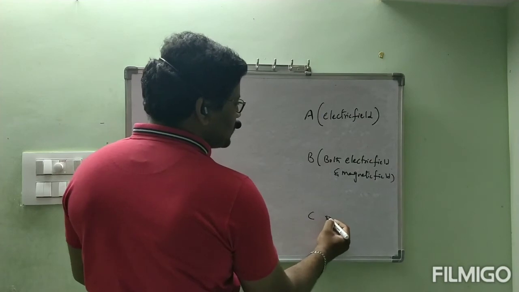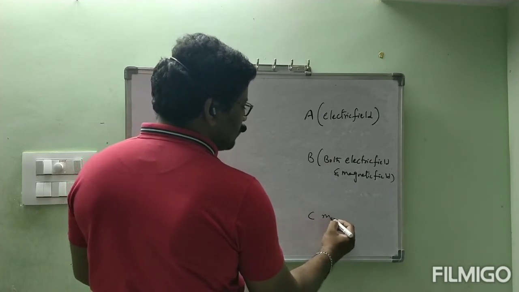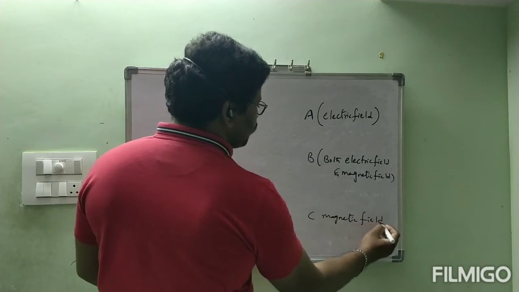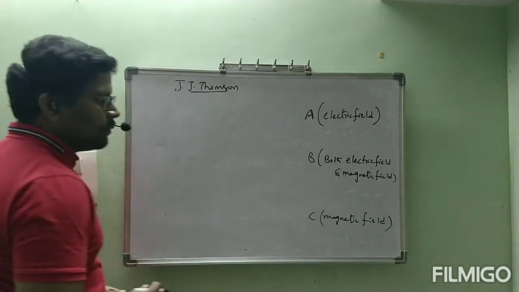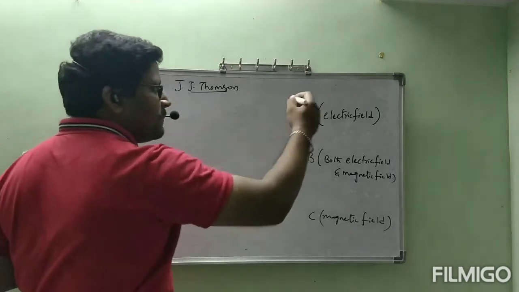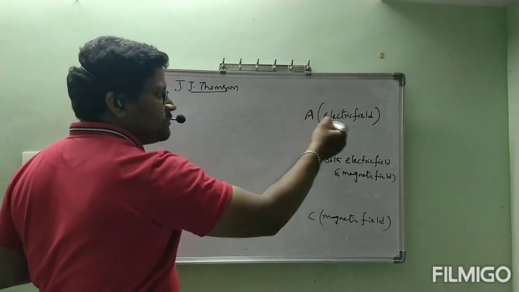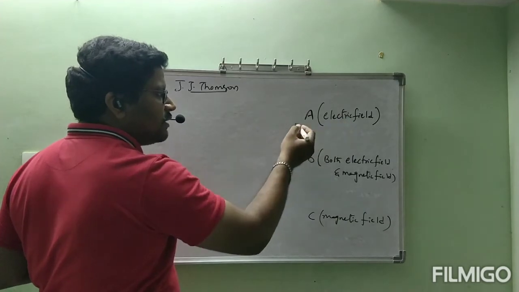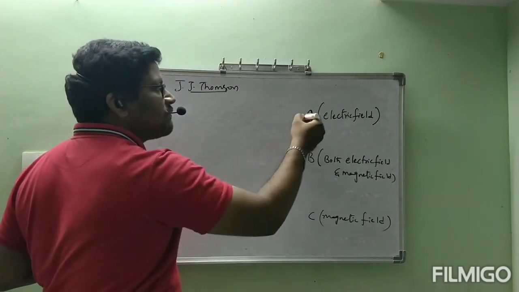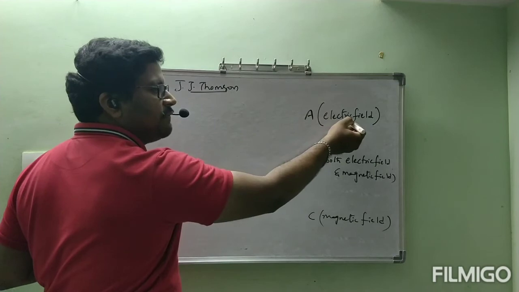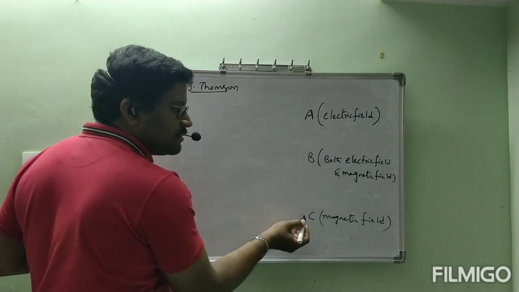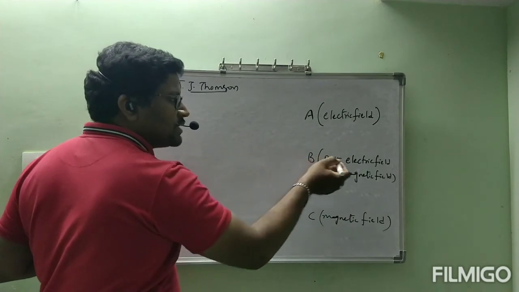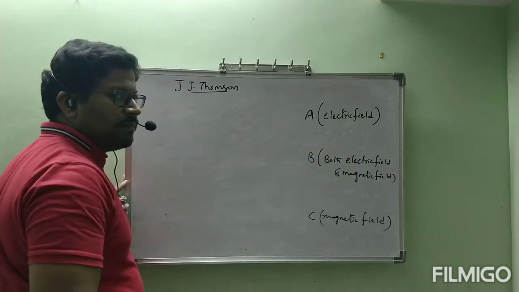C point is because of application of magnetic field. Okay, these happened. A point is because of electric field, I told. Actually, what is happening? Deflection of cathode rays in presence of electric field. Deflection of cathode rays in presence of magnetic field. Deflection of cathode rays in presence of both electric field and magnetic field.